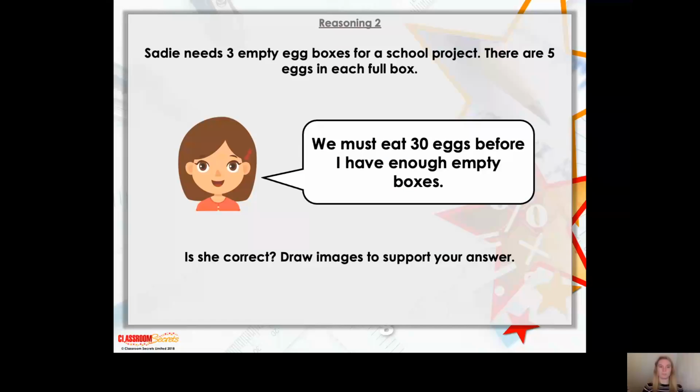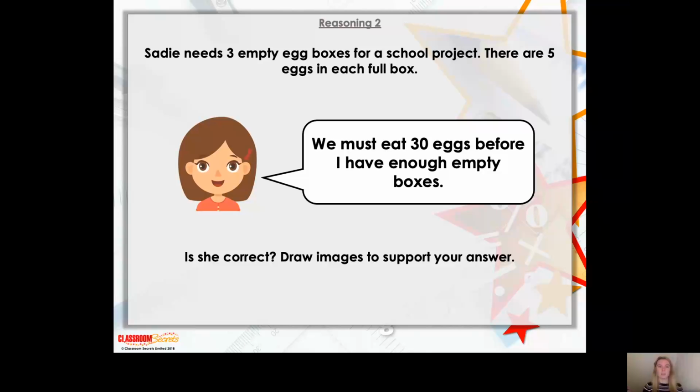Now, this question is our extension question. And you have one similar to this on the other worksheet I sent you, which is Year 2 Maths, 12th of January, Resource 2. But we're going to do a similar one so that you know what to do when you come to answering your own question.